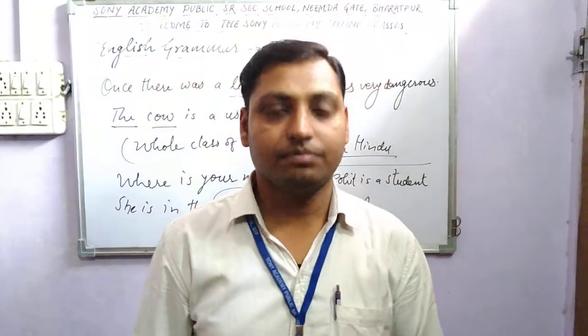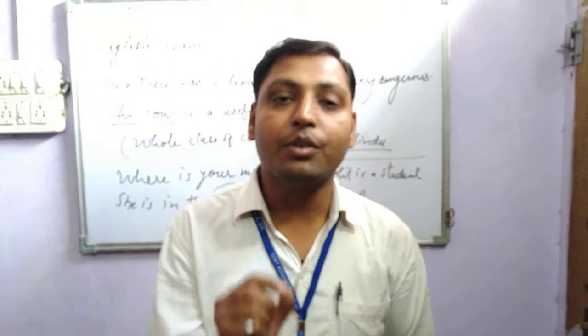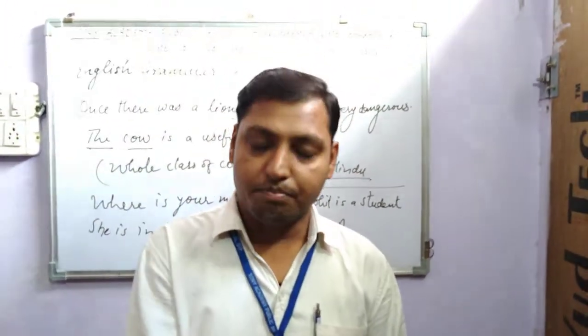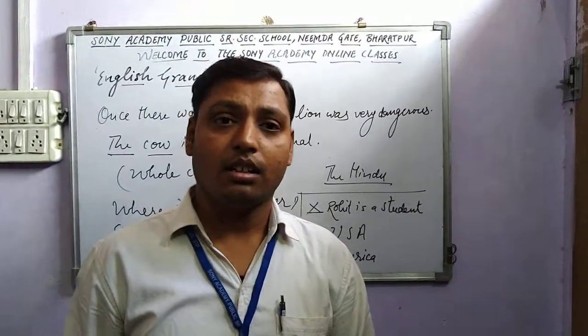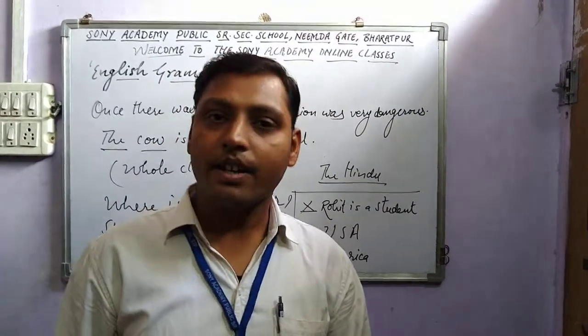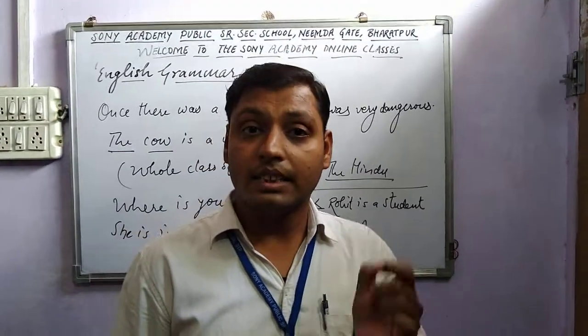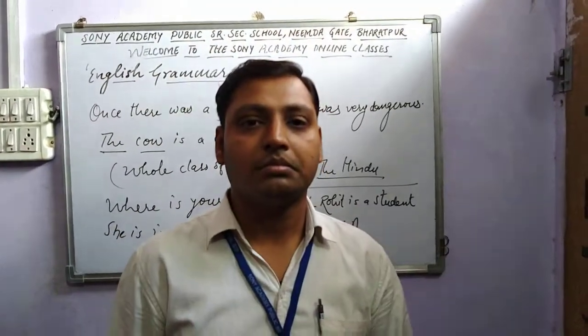We cannot use any article before the names of languages and before the names of games as well. We say English is a difficult language. This is right, but we don't say the English is a difficult language.